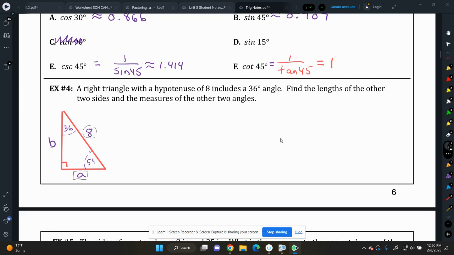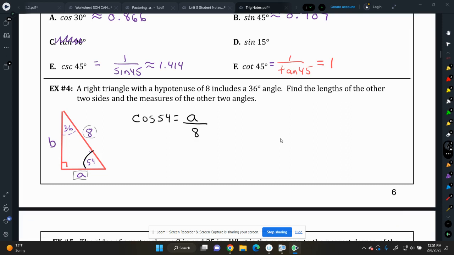Is it adjacent, opposite, or hypotenuse? If we're looking at 54 degrees, I have the adjacent side and the hypotenuse. So which function would I use? Cosine. So we're going to say the cosine of 54 is equal to the adjacent over the hypotenuse.